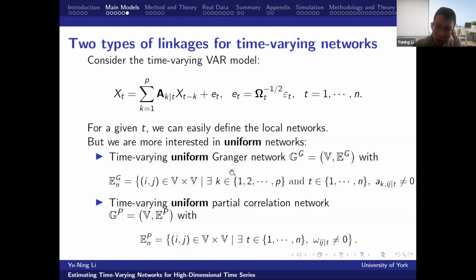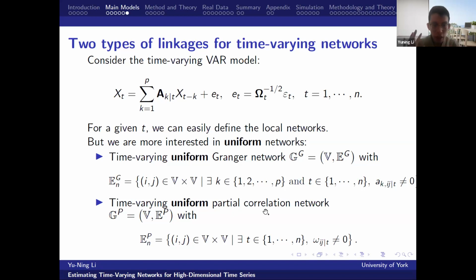So in this paper, we consider two more interesting networks, which are the uniform Granger network and the uniform partial correlation network. The uniform Granger network is a Granger network defined by some time t such that A^k_ij at time t is not equal to 0. That means this network captures whether one variable Granger causes the other at some period of time, maybe not the whole sampling period.